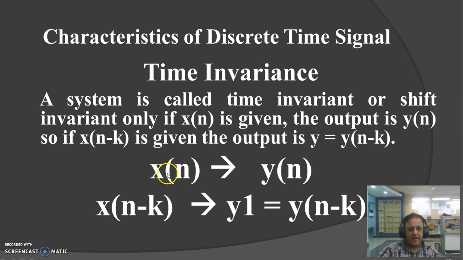Mathematically, if x[n] as the input gives the output y[n], then x[n minus k] as the input should give the output y1, which should be equal to y[n minus k]. You get y[n minus k] by replacing n with n minus k in y[n].